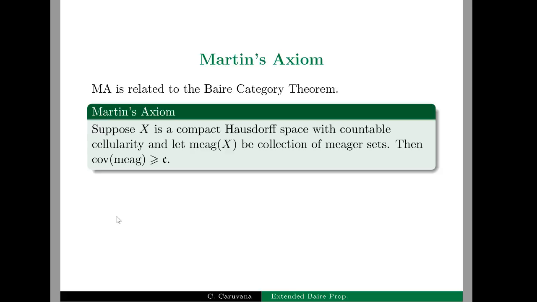So I have to put at least continuum because maybe my compact Hausdorff spaces with countable cellularity are really large, like 2 to the kappa for large kappa. But anyway, the covering number, of course, this means that I can't cover my space with less than continuum many meager sets.